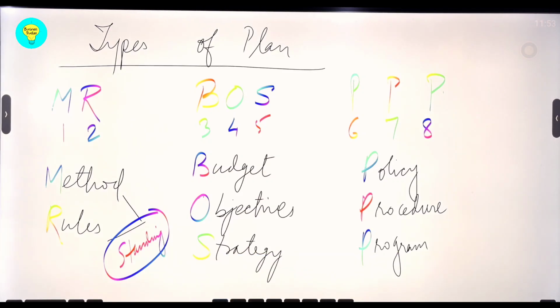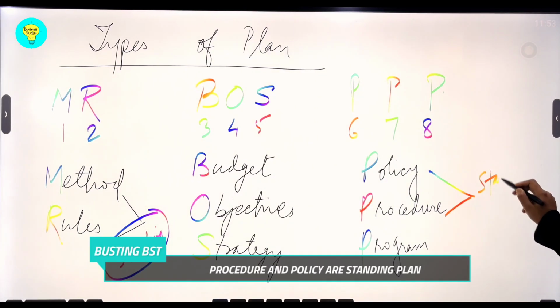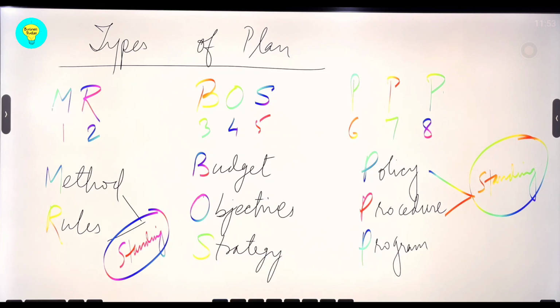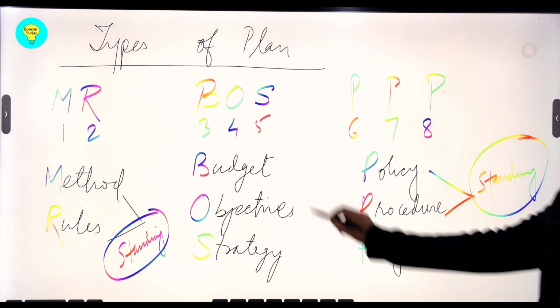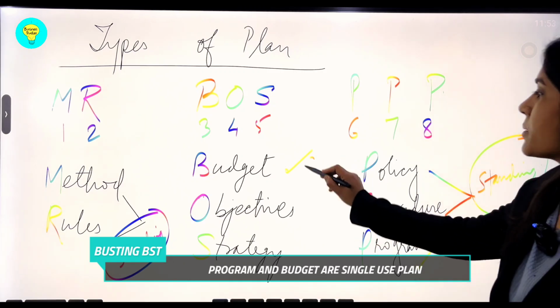Similarly, we can say that procedure and policies, they are also the part of standing plans. They are standing. Rest 2 we can say budget and program. These are single use plans.